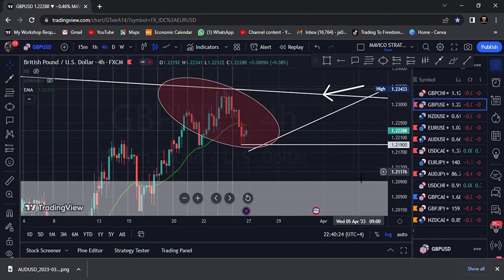This is the showcase, this is very certain that if price breaks this level, you're gonna take your profit here. It's just a 60 pip trade, which is a good one.